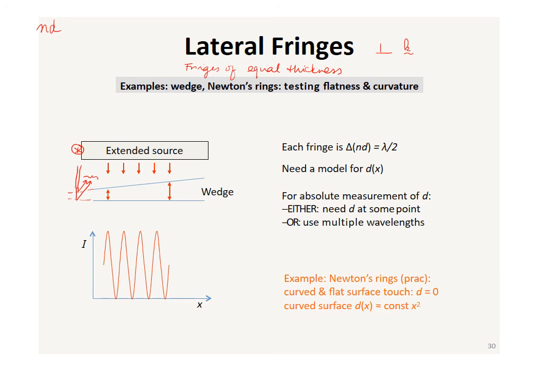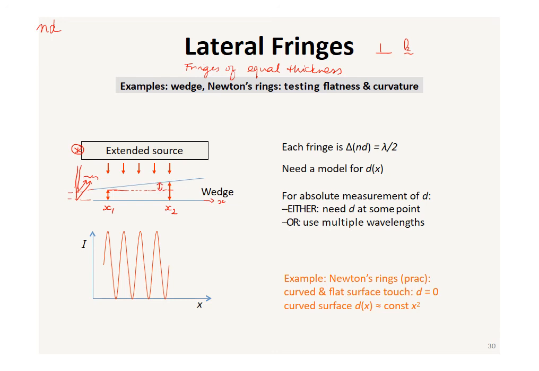Now, however, we have a thickness that varies as a function of position. So let's say in this wedge, we have a bright fringe, a maximum at position x1 and another one at position x2. We can say something about the increase in the thickness of the material there.